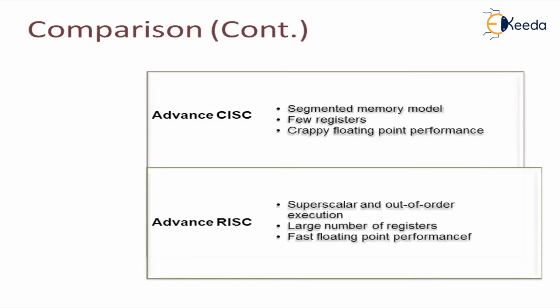Again, the performance was in a floating point type system. And the length of the registers was reduced, and only a few registers were considered. In case of Advanced RISC, superscalar and out of order execution, it had a large number of registers being used, and it had fast floating point performance.